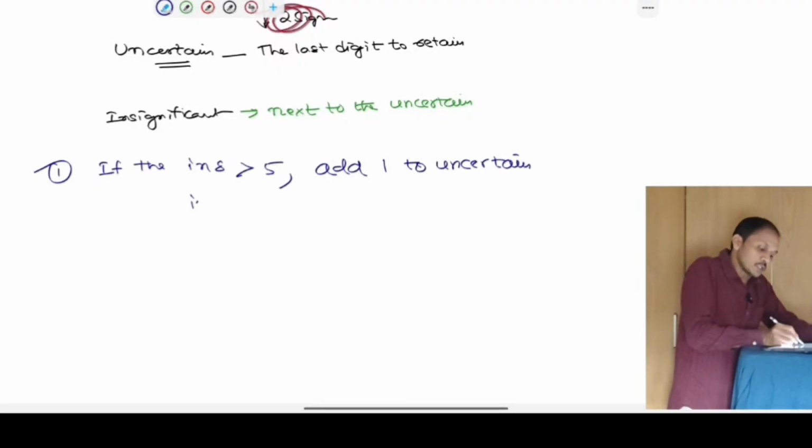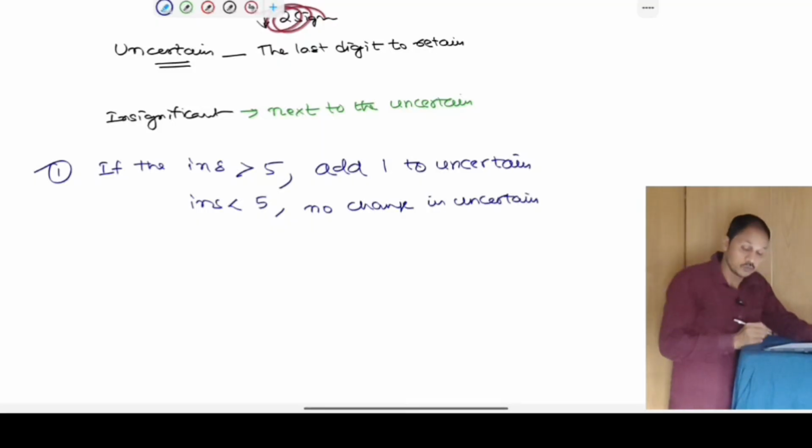Okay, what if it is less than 5? If the insignificant is less than 5, then leave the uncertain as it is, no change in the uncertain.